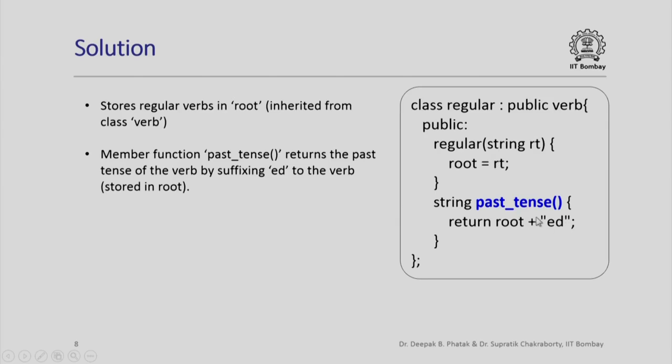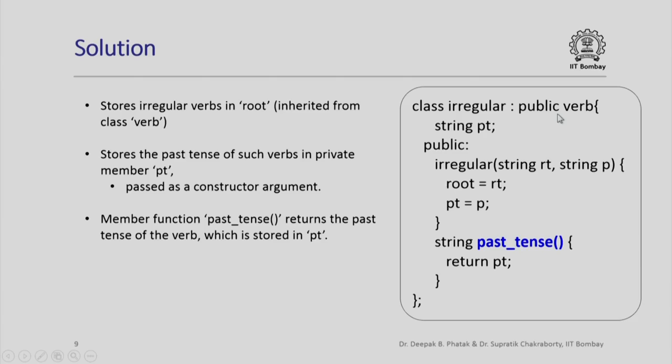If you recall, this plus operator is concatenation for the class string, and so here this will return the string stored in root followed by ed. So this is the simple case, the regular class of verbs as a class derived from the class verb. Here is the other derived class, irregular, which is also derived from the class verb.